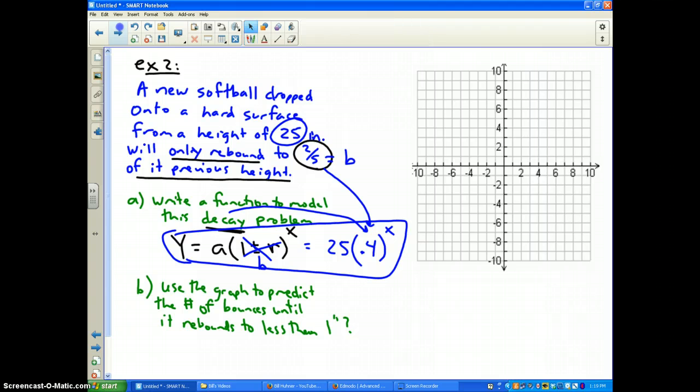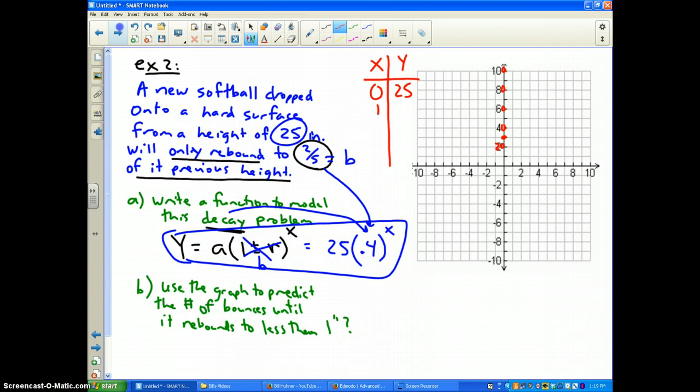All right. So now I'm going to make a table here. And I'm going to change these numbers to end in 0: 20, 40, 60, 80, 100. Now, if you type this equation in your graphing calculator, at 0, the ball is 25 inches high. So 25 is going to be right there.